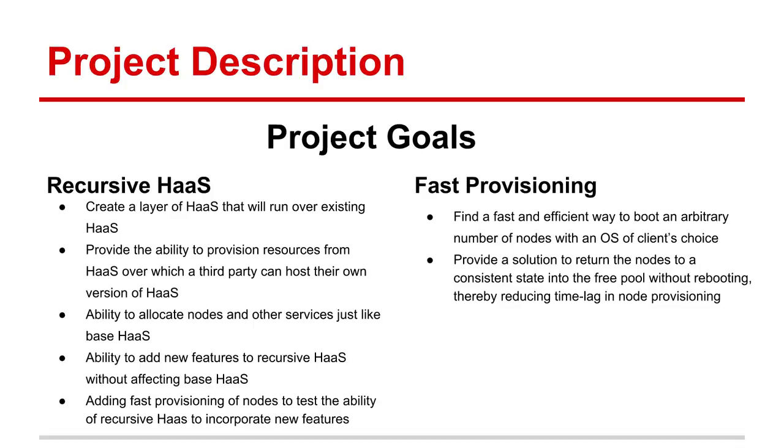For Recursive HaaS, the main goal was to develop the recursive client that handles commands for bare hardware interaction and manages recursive resources. This will allow third parties to host HaaS and have the same functionality as base HaaS, and also to create an environment that's isolated enough to develop Recursive HaaS features. We developed these initial goals in a formal project proposal before beginning development and worked towards them using a Scrum developmental workflow.